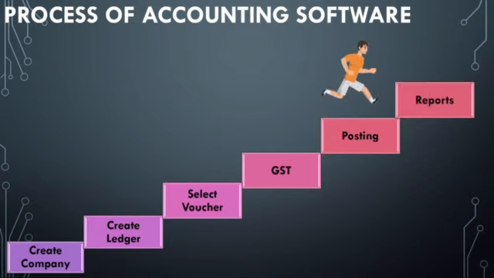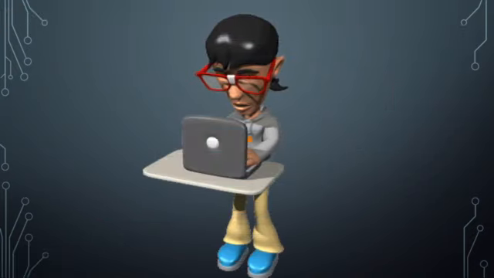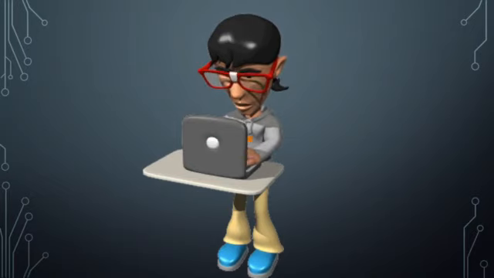This is the last step where you are going to get all the ready-made reports, and with the help of those reports, it is easier for the businessman to analyse and to know whether the company is at profit or at loss. This is how, with the help of the computer, all the reports can be generated.